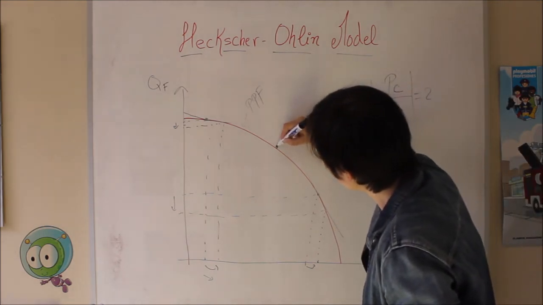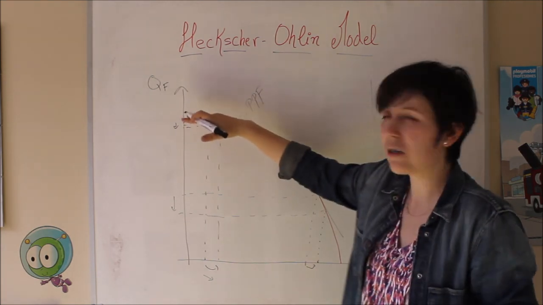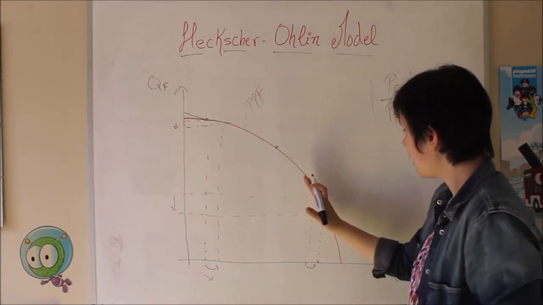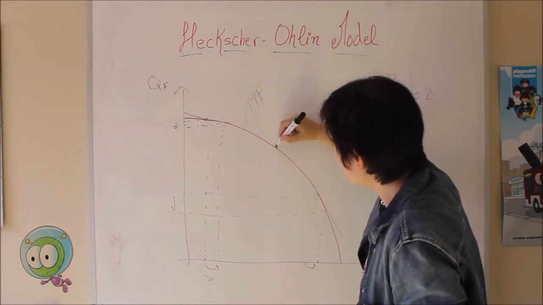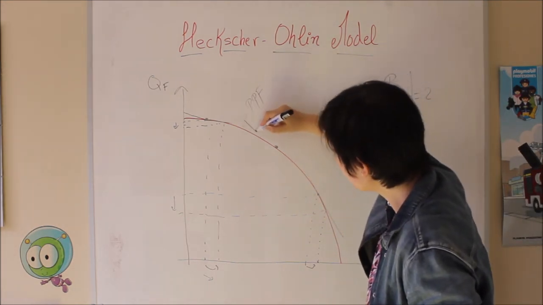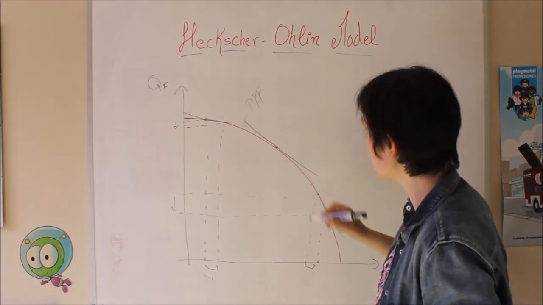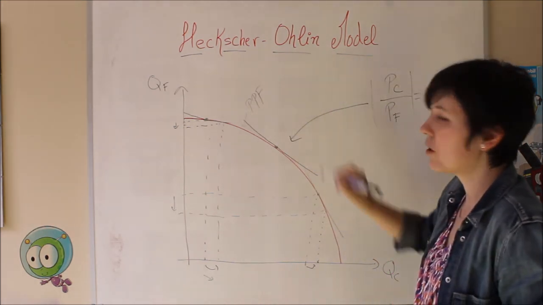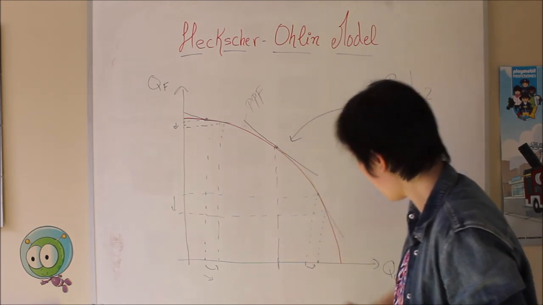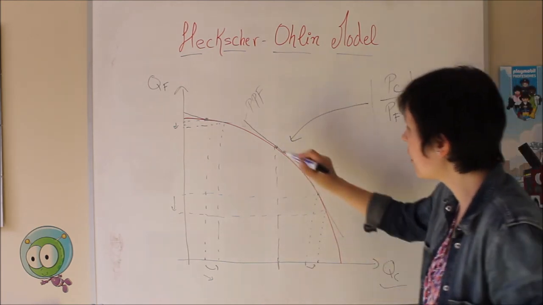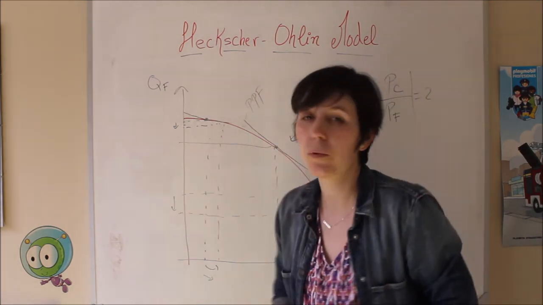So the slope here is almost 0, the slope here is really high, let's say 20, and there's going to be a point in which the slope is just 2. So that slope is equal to these relative prices. Here is going to be the production of clothes, and here the production of food.